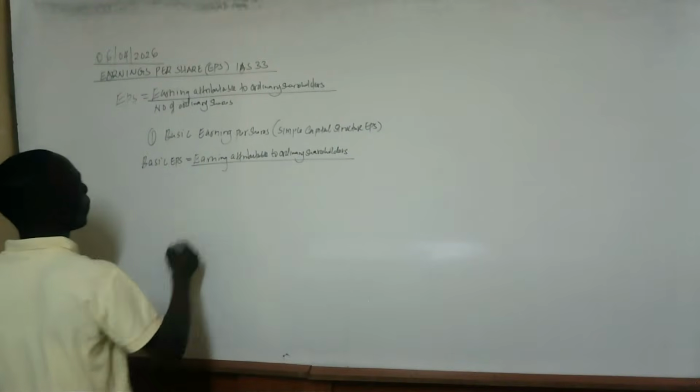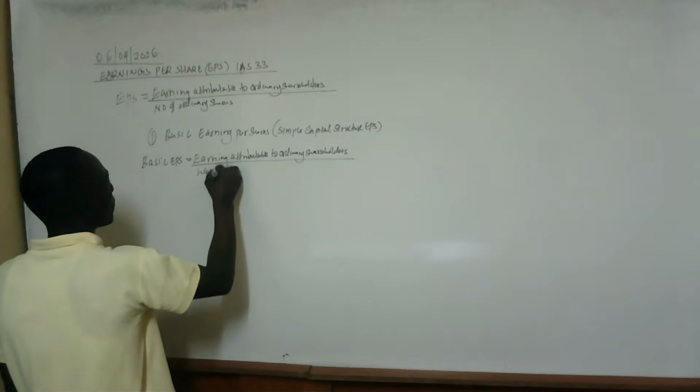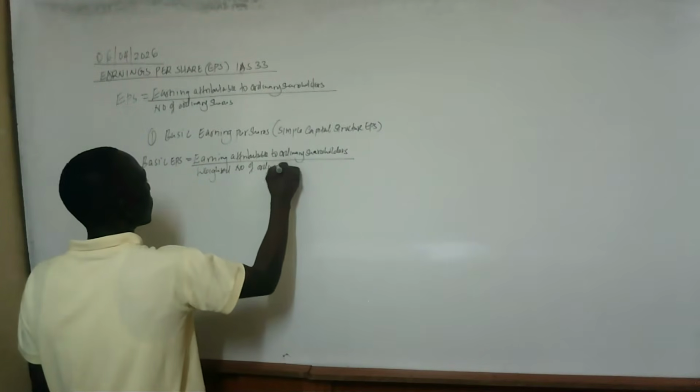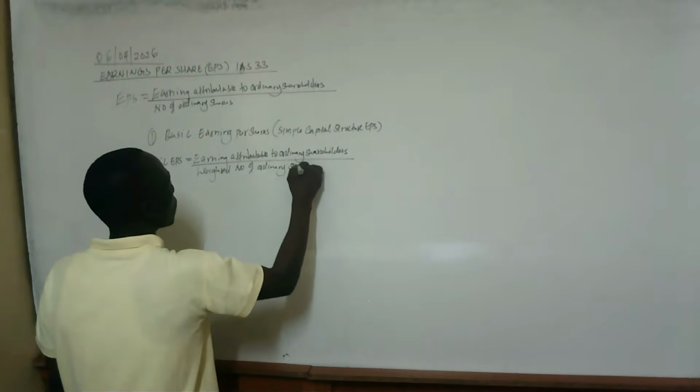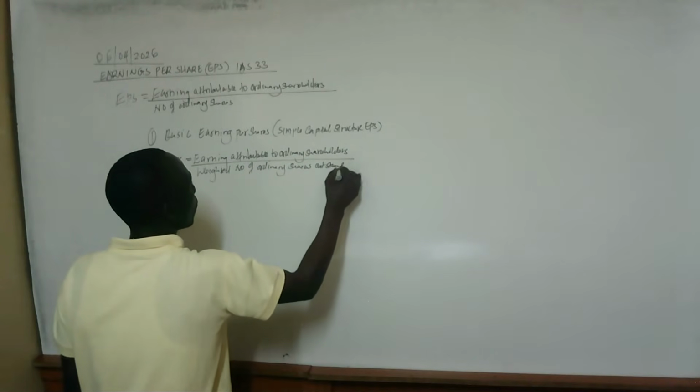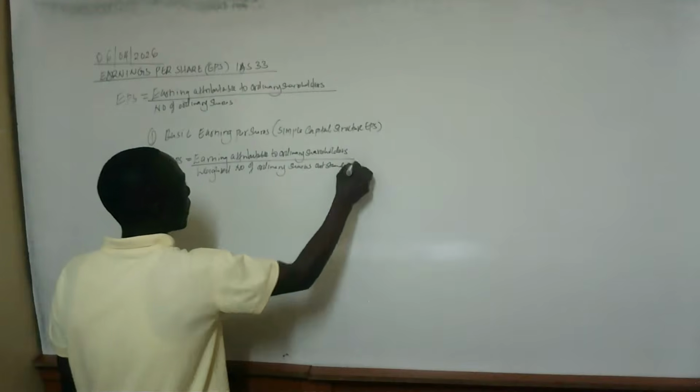Then we divide by what? We divide by the weighted number of ordinary shares outstanding.